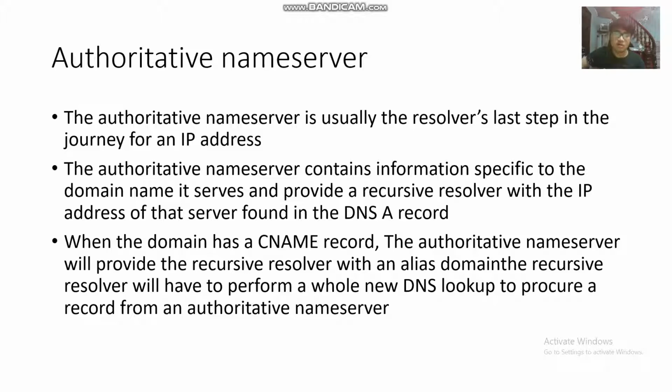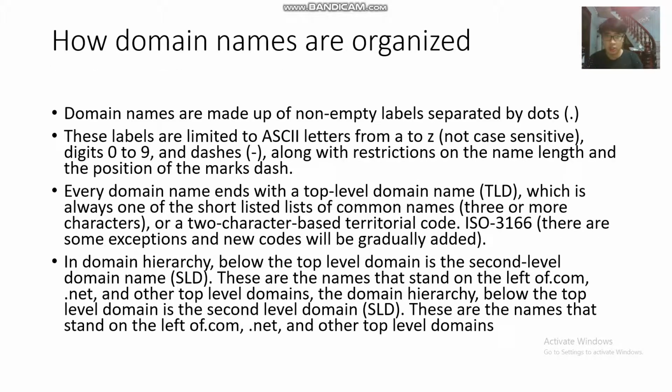When the domain has a CNAME record, the authoritative name server will provide the response with the alias domain. The recursive resolver will then perform a DNS lookup to get the record from the authoritative name server.